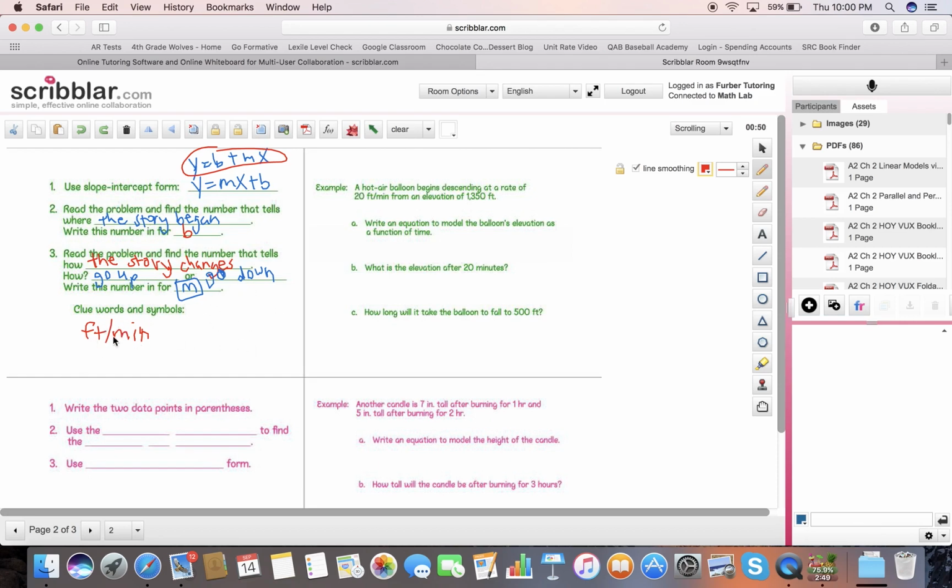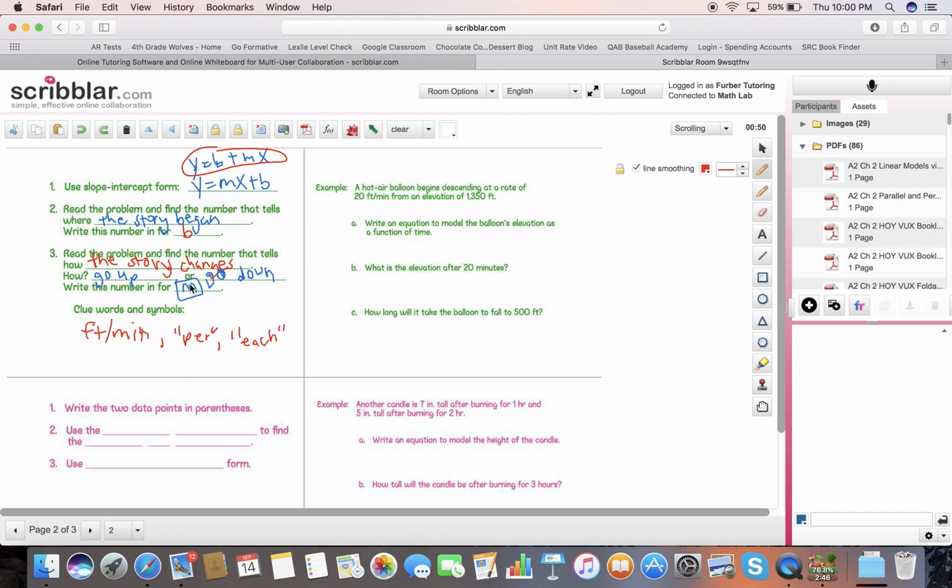Anything that has two units like this indicates the rate of change. But you also might just see the word per, or you might see the word each.